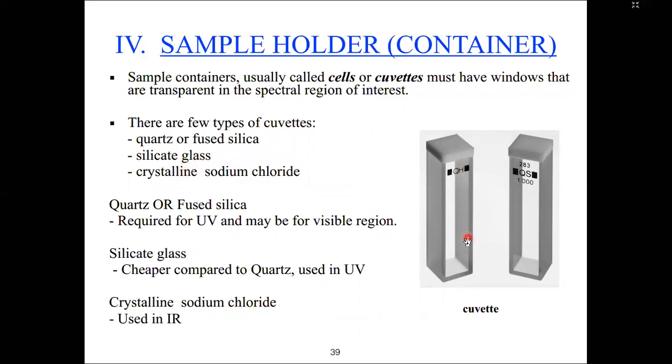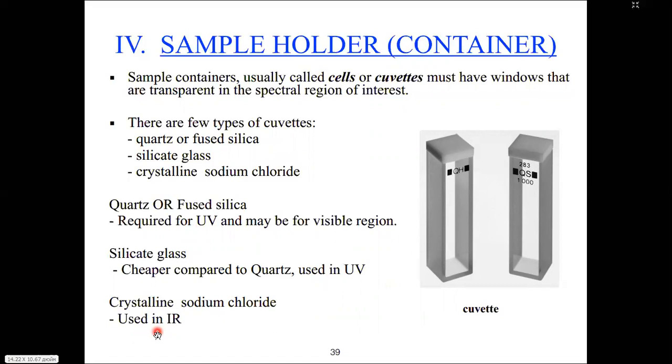Depending on what these containers are made of, they are classified into their types. Quartz is used for UV and maybe for the visible region. Silicate glass is cheap and can be used in UV. And crystalline sodium chloride is used for IR.